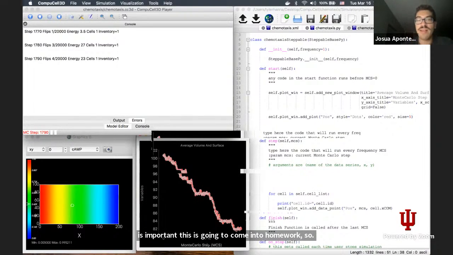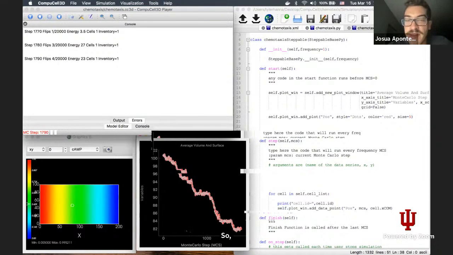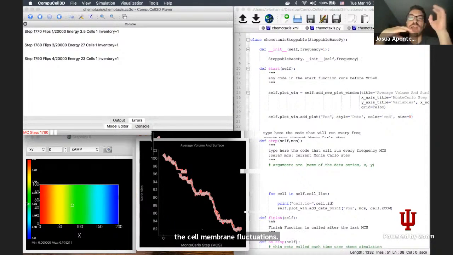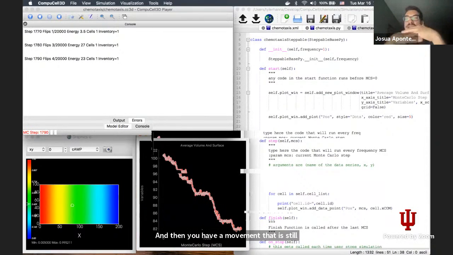So please do notice that the speed is relatively constant, with certain fluctuations that are due to the membrane fluctuation. So now you have a combination of two cell movements. You have a cell movement that is due to the cell membrane fluctuations, and then you have a movement that is due to the chemotaxis.